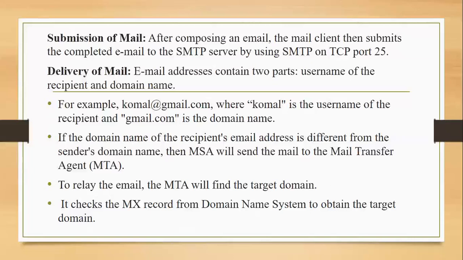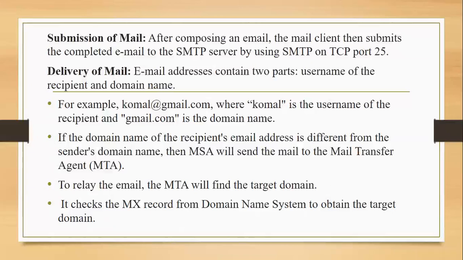Delivery of an email. If I am sending a mail to any user, then I also want confirmation. That means acknowledgement is necessary. So delivery of a mail: an email address contains two parts, the username and the domain name.